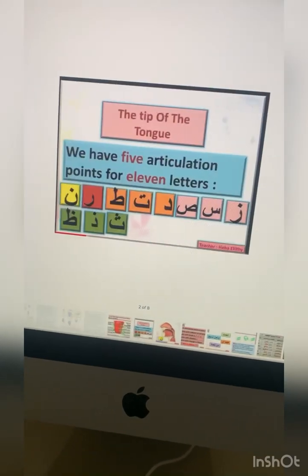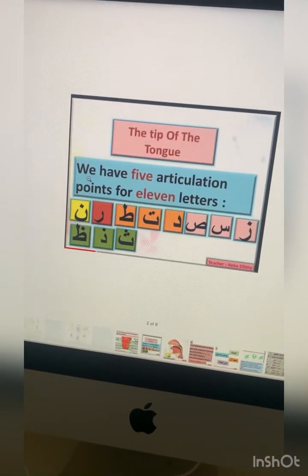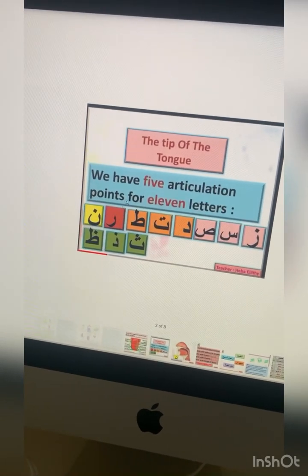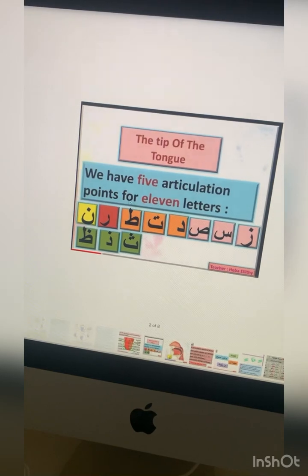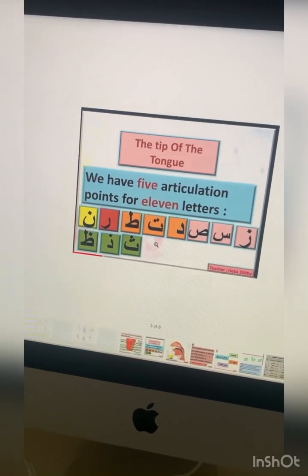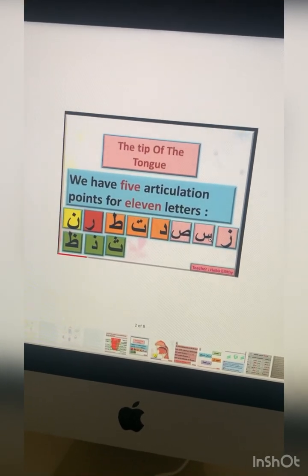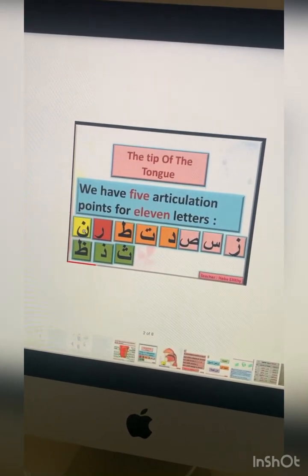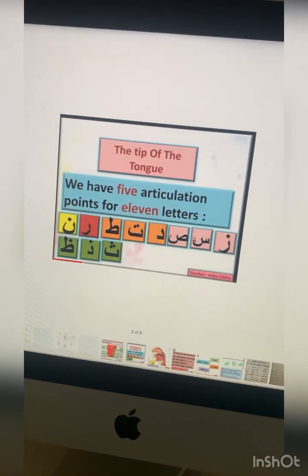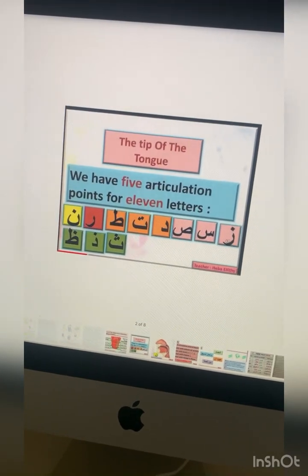As you see, on the tip of the tongue we have 5 articulation points, and in these 5 articulation points, 11 letters can be articulated. These are the letters. The ones highlighted in the same color can be articulated in the same position.